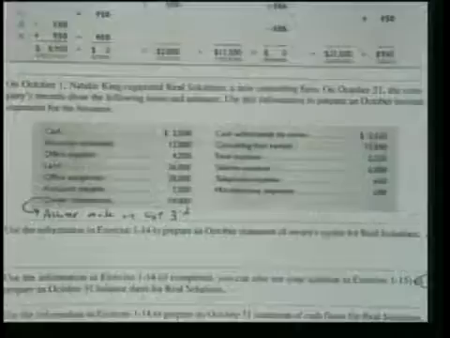How'd you guys do on exercises 1.14, 1.15, and 1.16? Cool? Okay, here's what I want to do. This is probably the most simple example that you'll do, and I'll tell you why in a second.